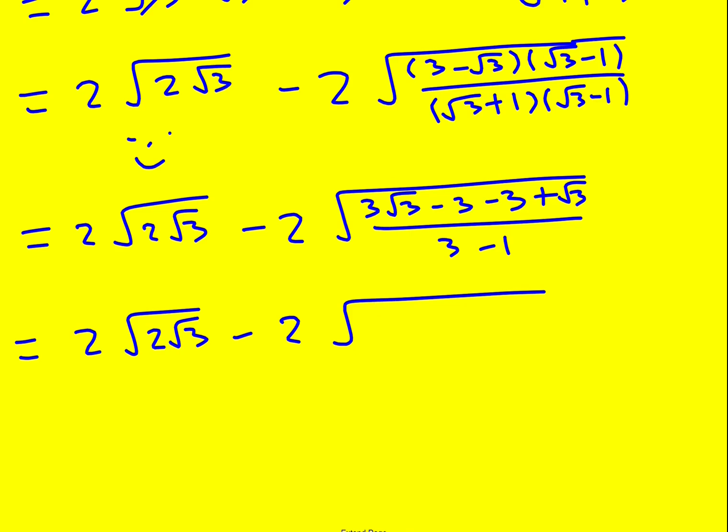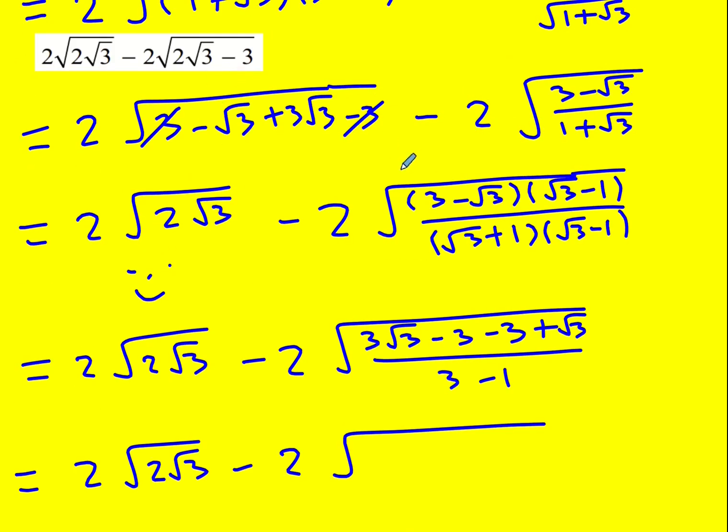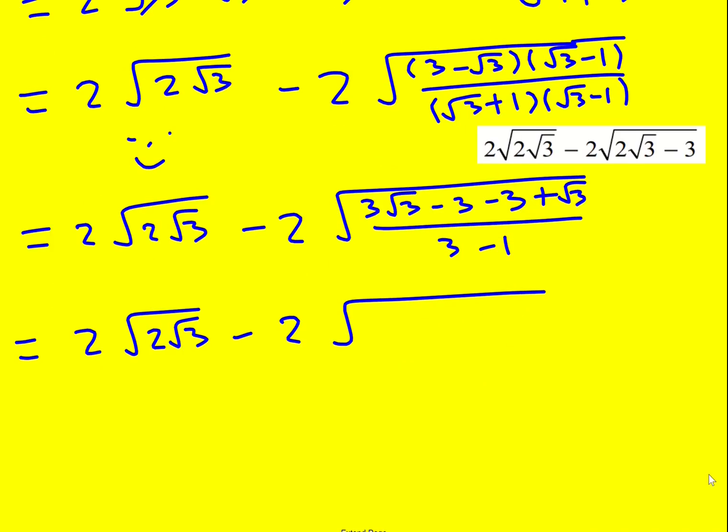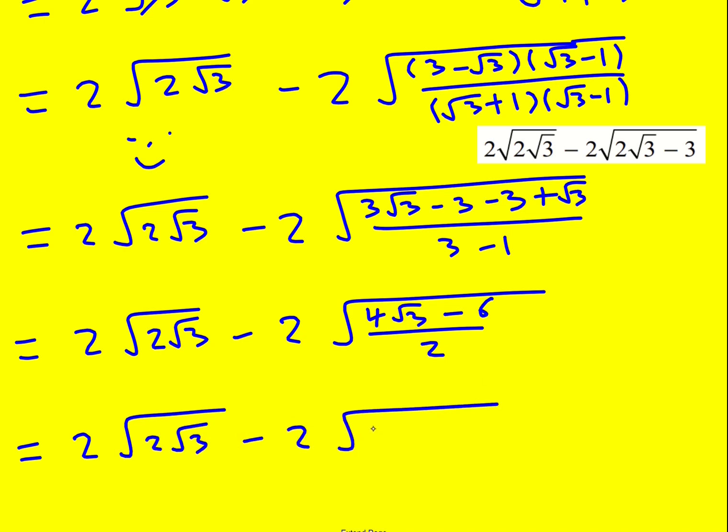I'm going to get, just look at the answer, I want 4 root 3 minus 6 all over 2. And finally, I can just divide through by 2.